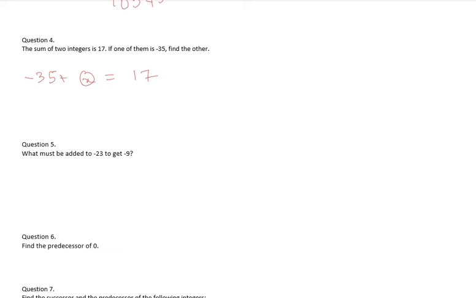To find the other number, if I know the addition answer and one of them, I can subtract to find the other number. So the other number would be sum minus the first number, that is 17 plus 35. So 17 plus 35 is 52. So the answer is plus 52.